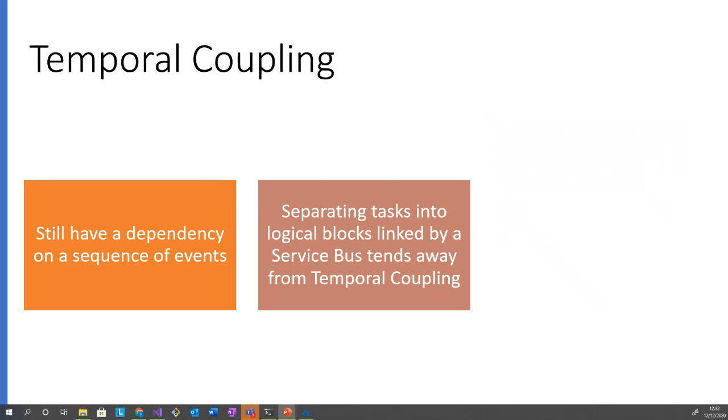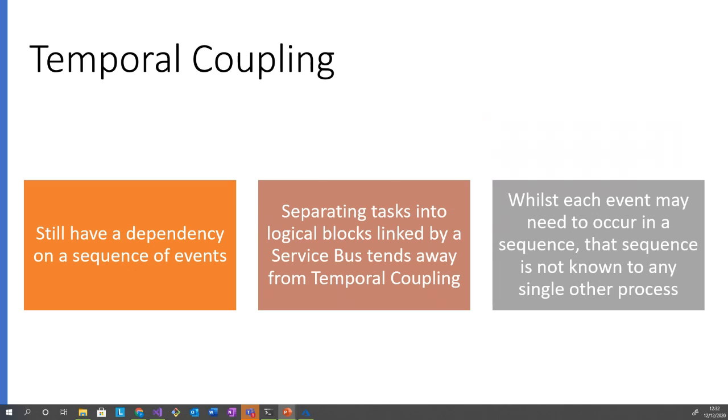It encourages you to make these things isolated. And although each event does need to occur in a sequence, that sequence is not necessarily known by any single process. So if you're the sales order service, and you put a message on the queue saying, right, I've done my sales ordering, then the dispatch service can pick that up, but there's no single orchestrator that says first sales order, second dispatch.